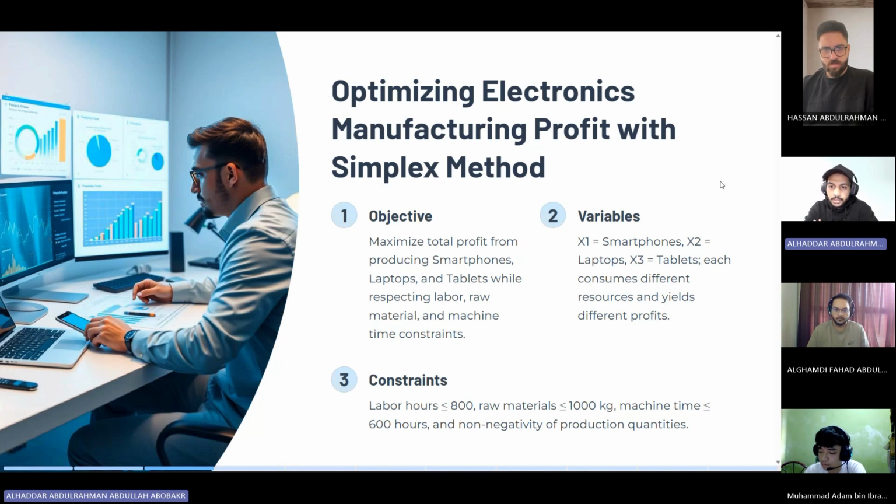Each consumes different resources and yields different profit. Finally, constraints: labor hours less than or equal to 800, raw material less than or equal to 1000 kg, machine time less than or equal to 600 hours, and non-negativity of production quantities.